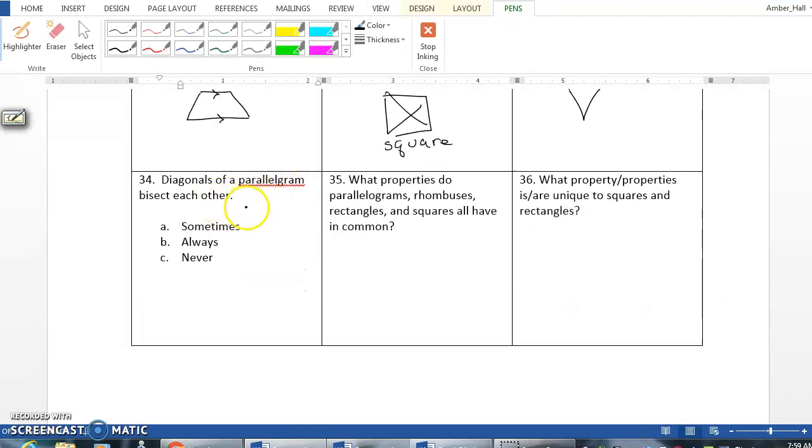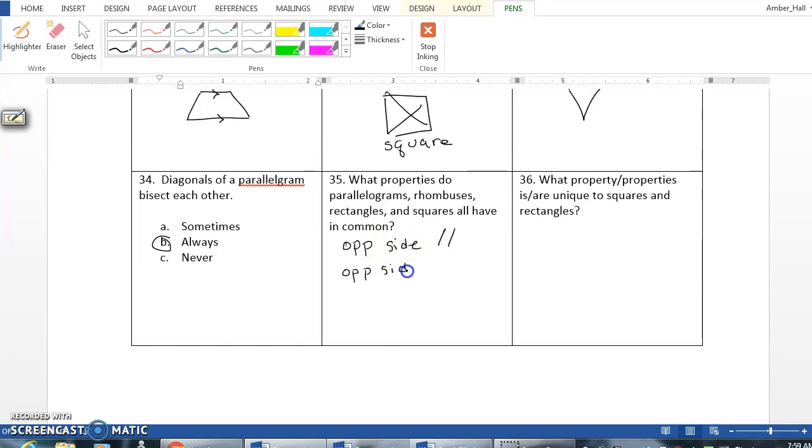Diagonals of a parallelogram bisect each other. This is always. What properties do parallelograms, rhombuses, rectangles, and squares all have in common? Well, this is on our lists of the different, we made a foldable, on day 2 we had a checklist. There are 5 different properties. Opposite sides are parallel.